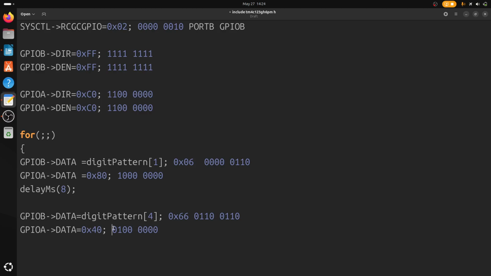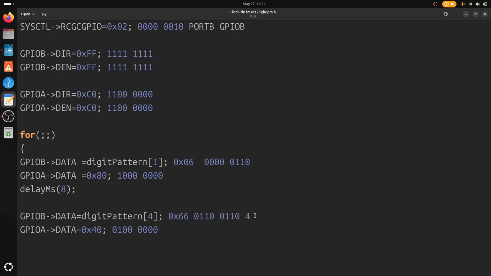So it is this value, right? But we are giving 1 only to pin 6 and 0 to pin 7, so I choose only pin 6. That means I want to display this value, whatever digit is going to be displayed by it. It will surely display the digit 4.